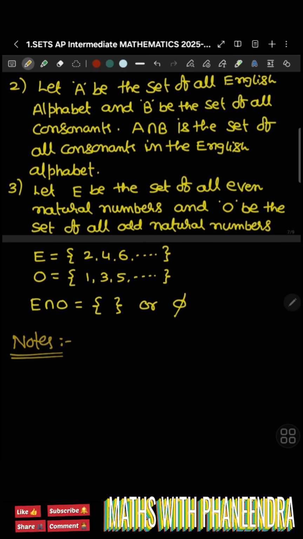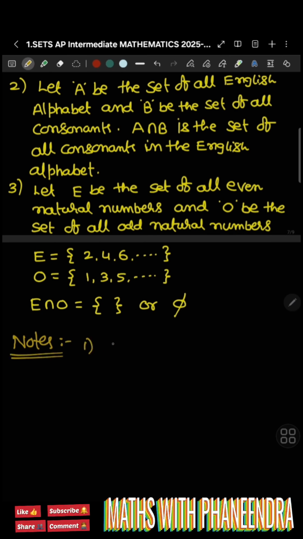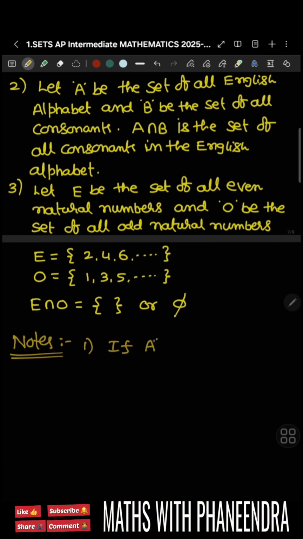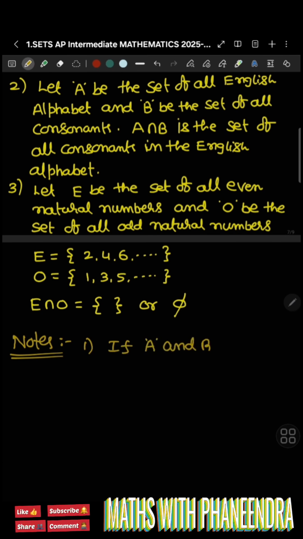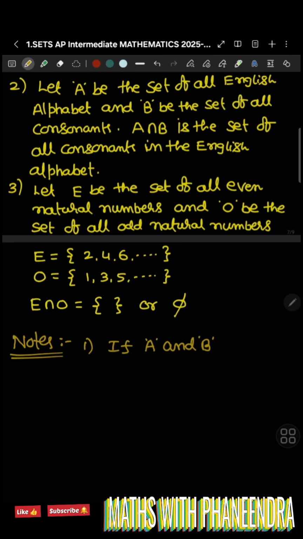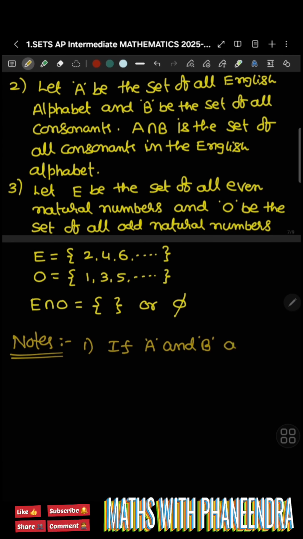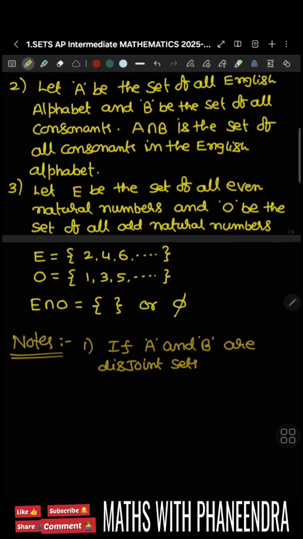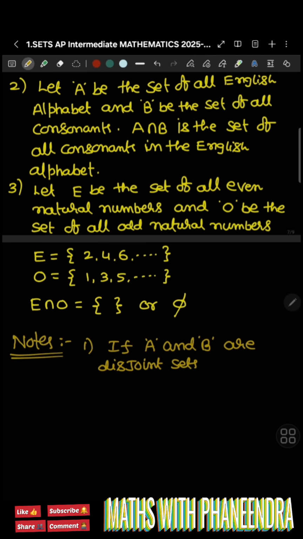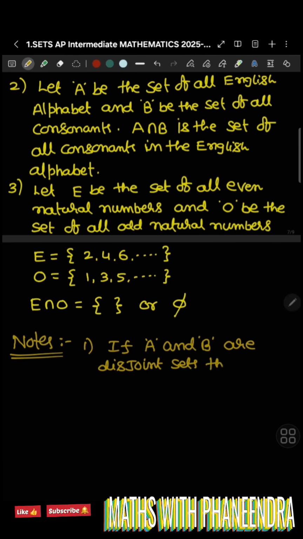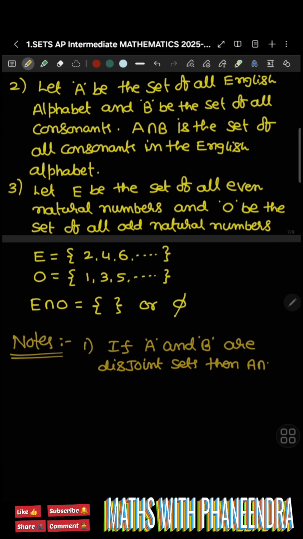So based on intersection also, the first point: if A and B are disjoint sets, then A intersection B is equal to ∅. This is very, very important.